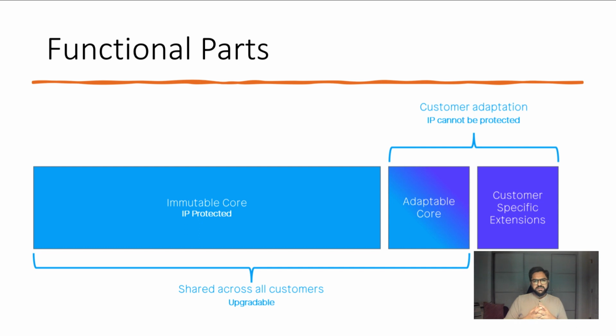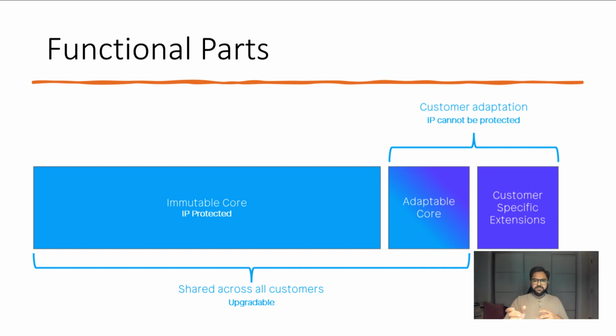One is the immutable core, which means the IP protected stuff that you don't want anyone to touch. That should make up most of your application, where the immutable core has all the base core logic of your application.